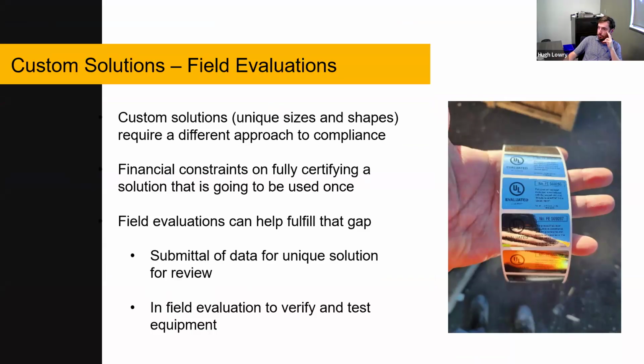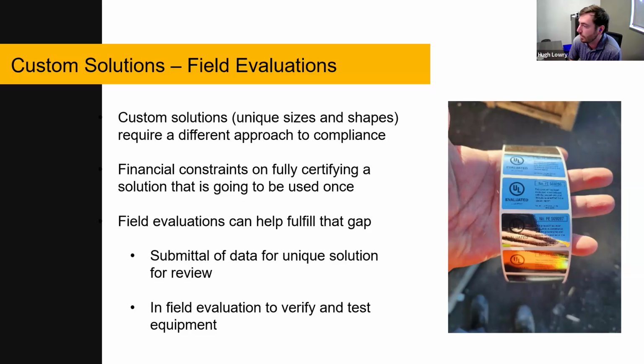So we approached our evaluation through what's called a field evaluation. A field evaluation is very handy for custom solutions, as is present with BIPV. Basically, the field evaluation involves you submitting a bunch of data up front to UL or the appropriate authority. They'll review that data and come up with a testing plan. If they've seen your product go through this process quite a few times, the testing plan might rely on past testing results, but they'll say, okay, I need to see this, this, and this before I'm going to go ahead with your projects.